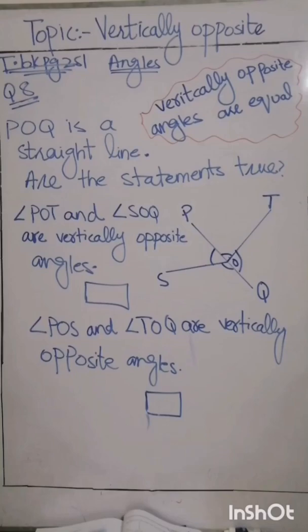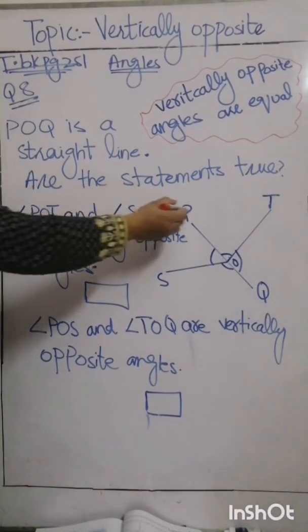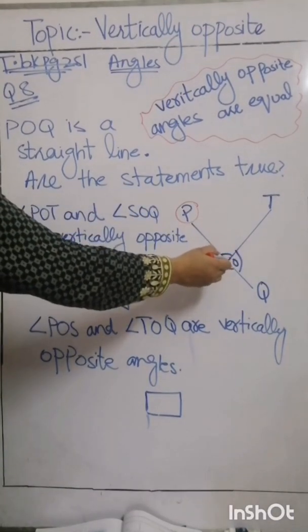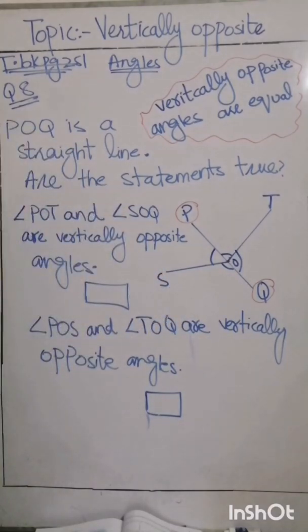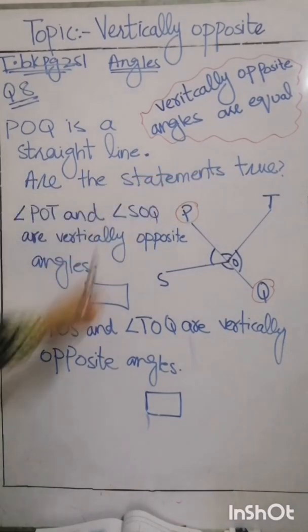Now we have the next question, question number 8. POQ is a straight line. Here we only have PO, the center point O, and Q. We have only one straight line here. Are the statements true?